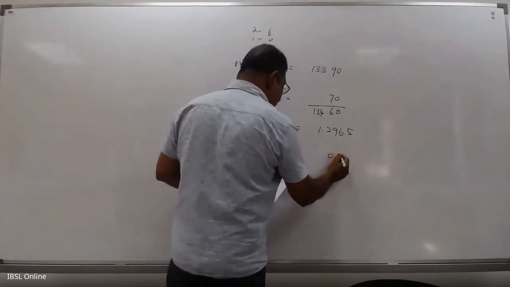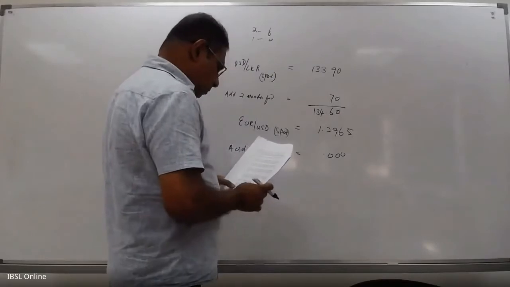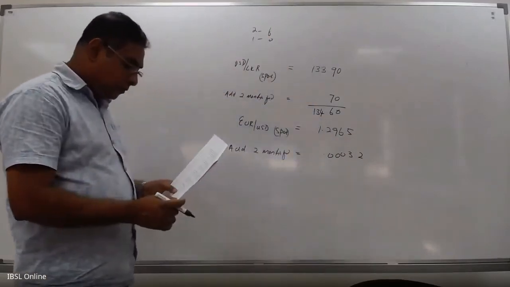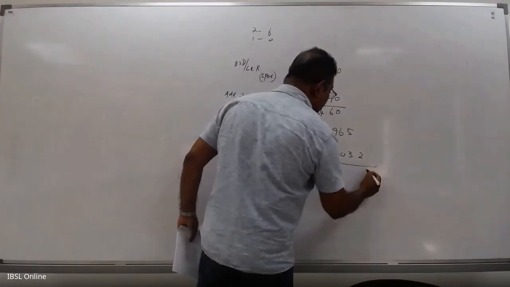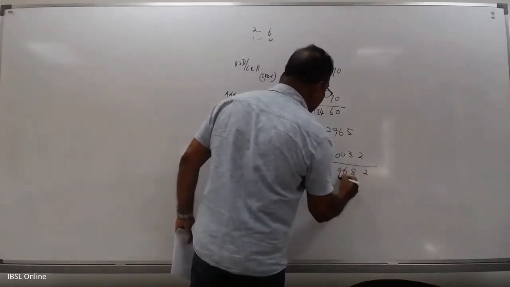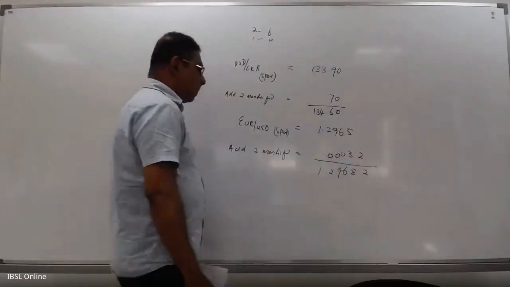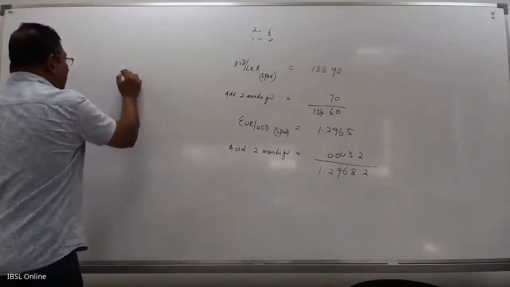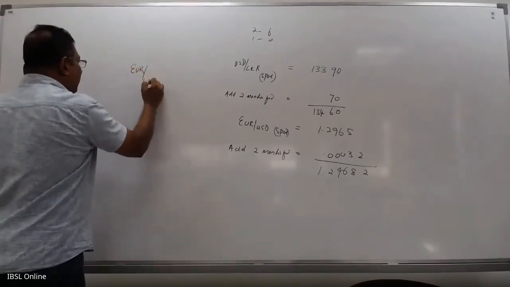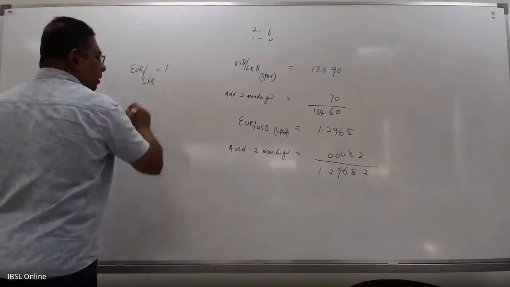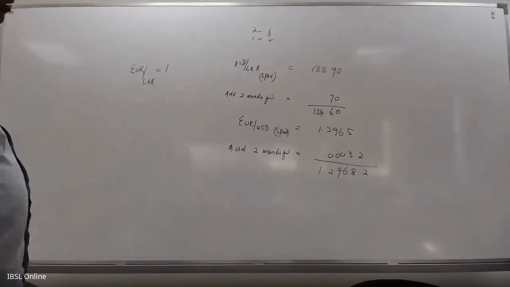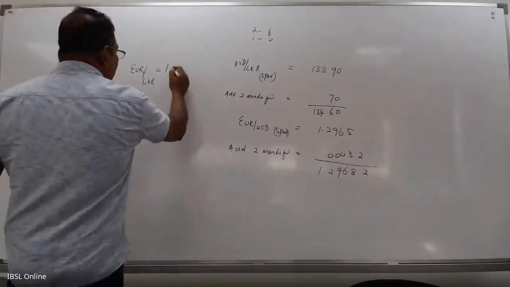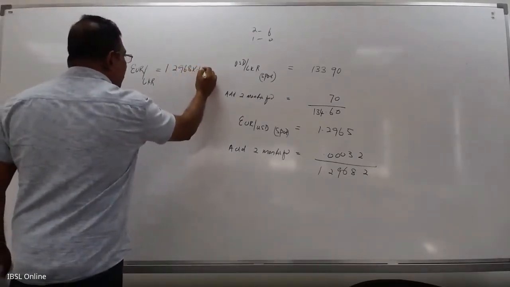0.00032, right? 1.2968. So therefore, EUR to LKR cross currency is equal to 1.2968 into 134.60.